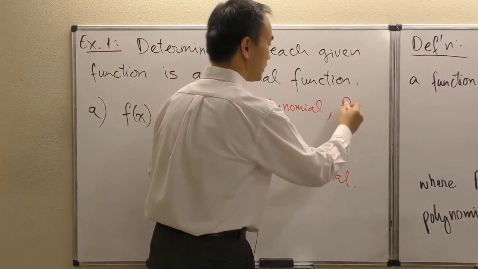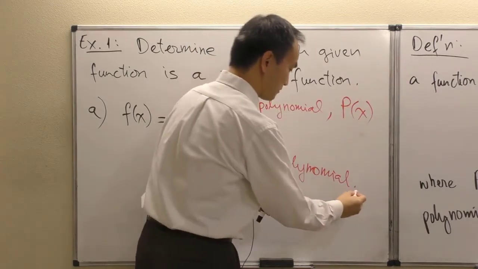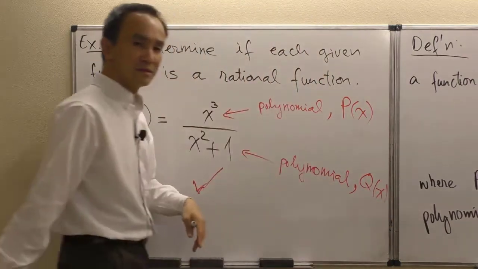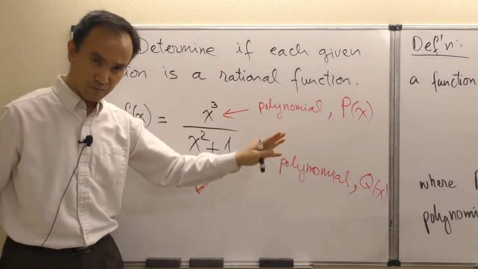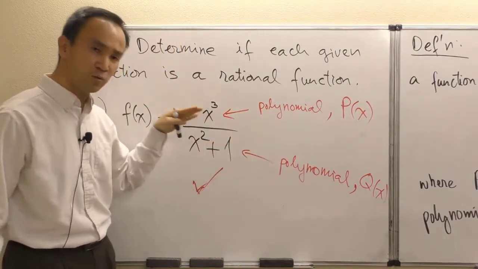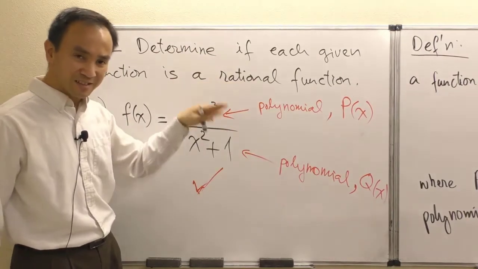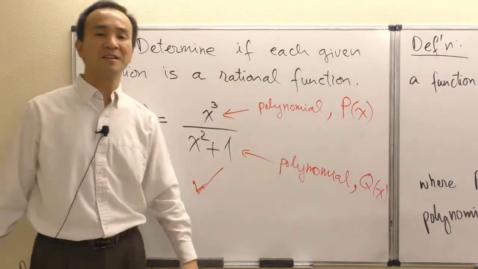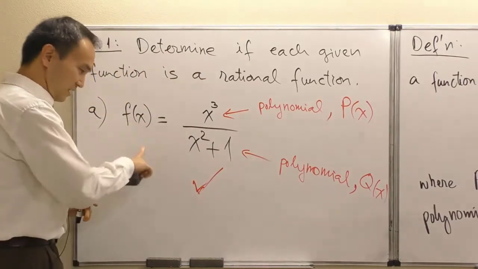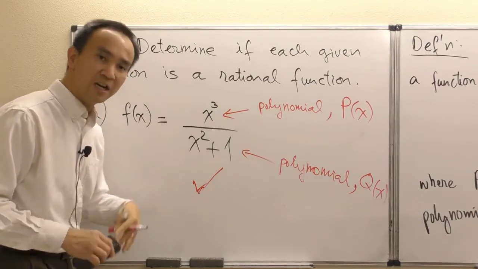Sometimes I can even call this the p of x to make it consistent with the definition, and this bottom one here is the q of x. Likely in the next few problems, I'm going to switch style by first indicating, once we recognize the fraction nature, where it is to be the p of x, or where it is to be the q of x. But this one here qualifies to be a rational function, and it is now a rational function officially.